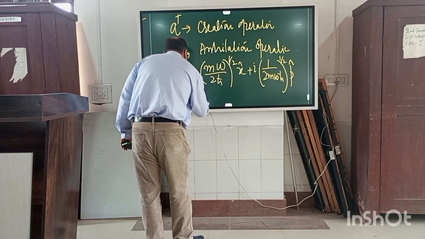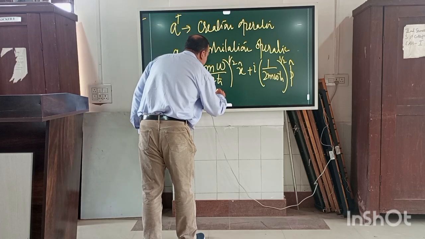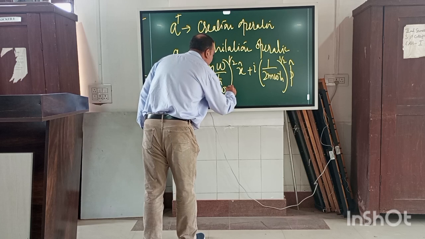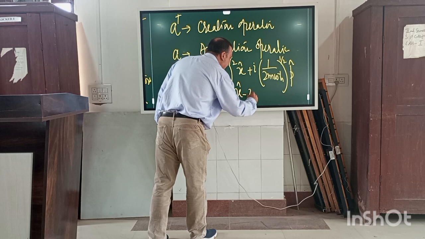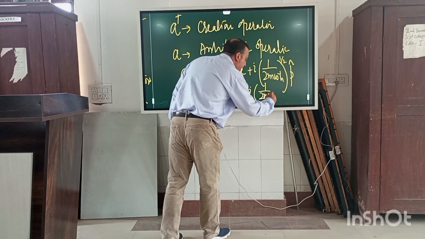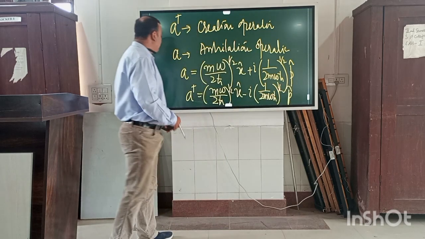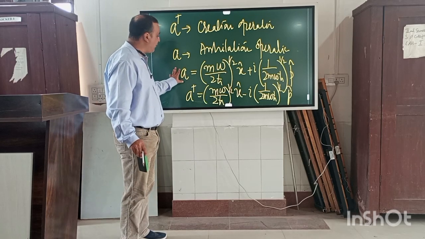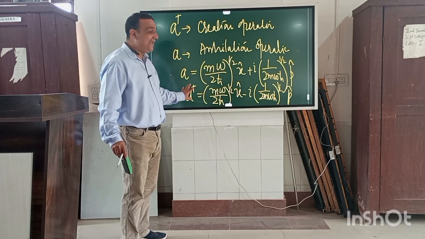So a dagger, which is a creation operator, will be equal to (m omega by 2 h bar) whole raised power 1 by 2 x cap minus i (1 by 2 m omega h bar) raised power 1 by 2 p cap. So you have two equations. One is for the annihilation operator, A, and another is the creation operator, which is a dagger.